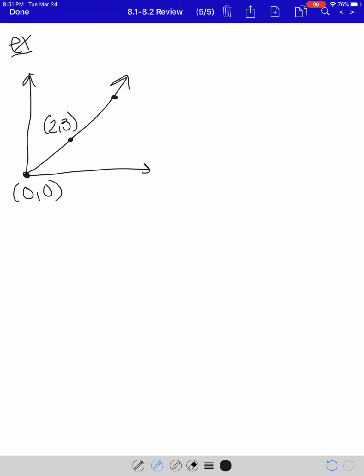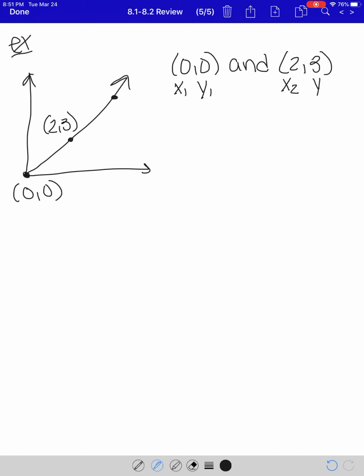So now, using these 2 points, I have 0, 0, and 2, 3.